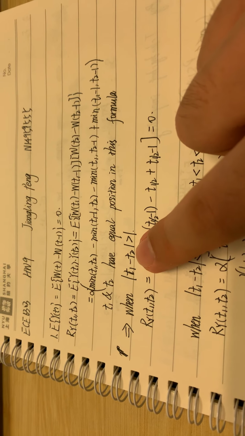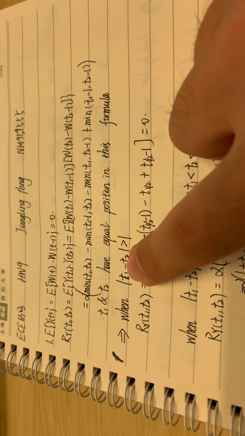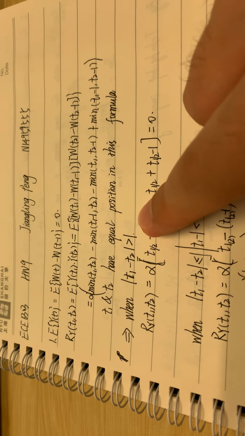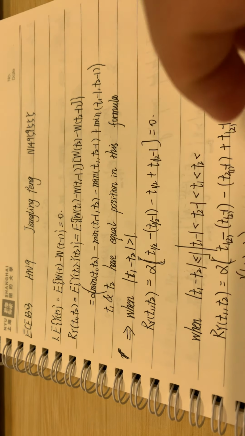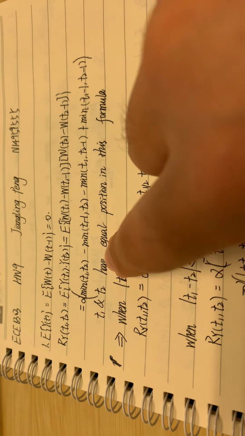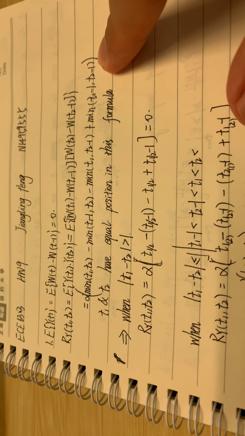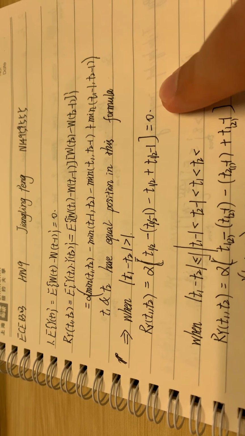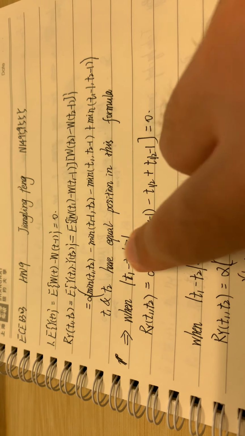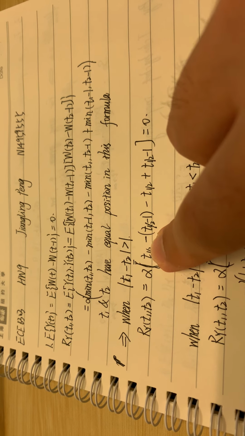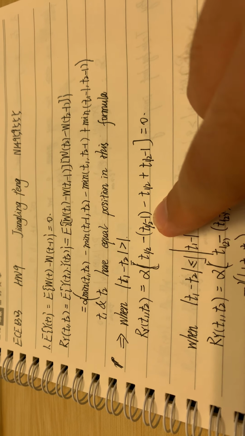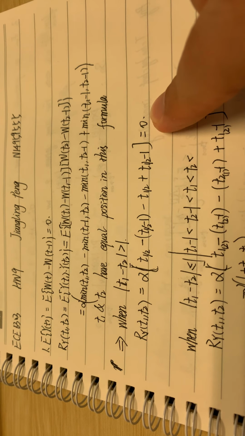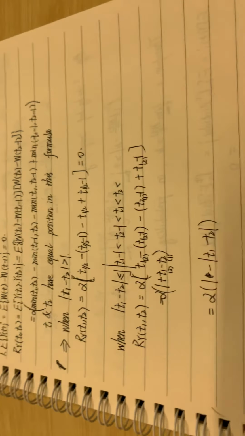First, the absolute value of t1 minus t2 is larger than 1. According to this assumption, R_Y would be 0, because each minimum would be t1 or t2, and the final result would be 0.